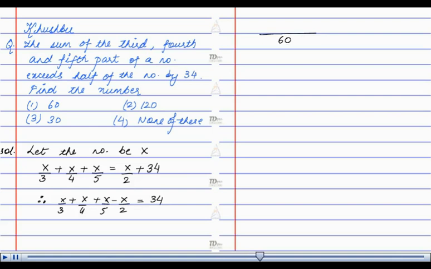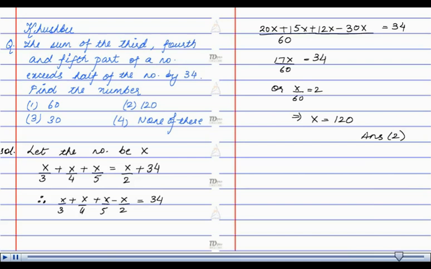And therefore we have 20x plus 15x plus 12x minus 30x is equal to 34. That is 17x by 60 is equal to 34, or x by 60 is equal to 2, which implies x is equal to 120, and hence the correct answer is option number 2.